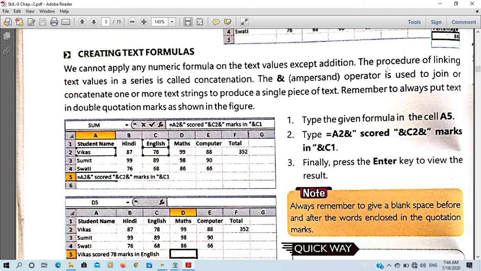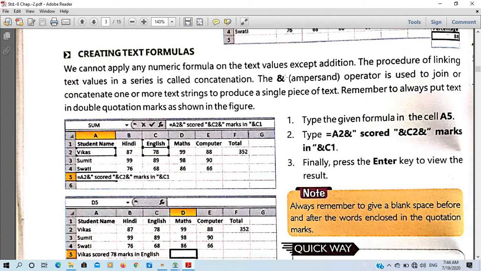The procedure of linking text value in a series is called concatenation. So joining two words or two texts together is known as concatenation. And this is the ampersand sign, also called the ampersand operator.